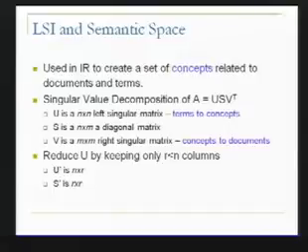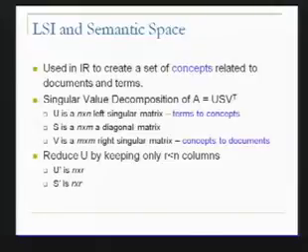Basically, it's commonly used in IR to create concepts, as in topics, from a document collection, so that terms and documents are related to a set of topics or concepts. The way it is done is by using singular value decomposition.